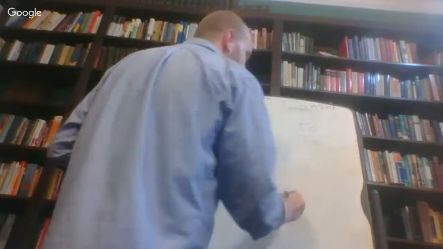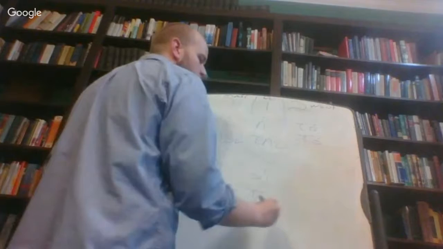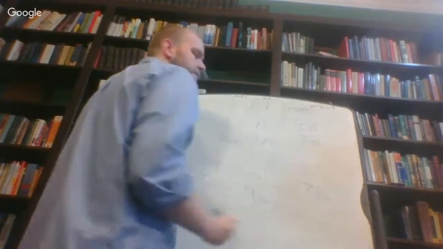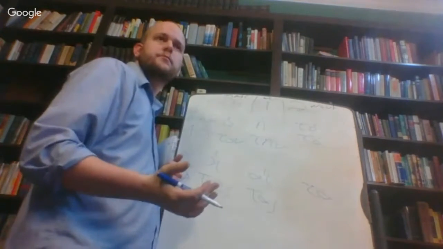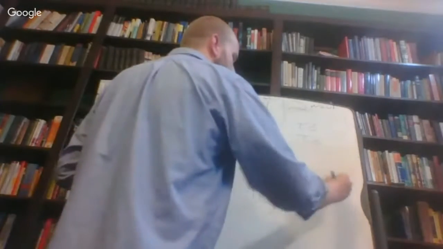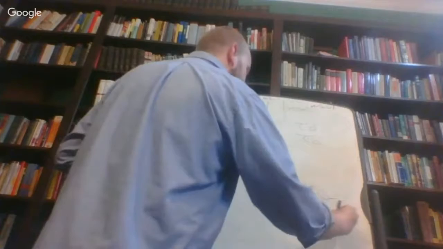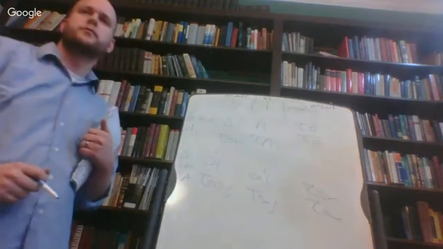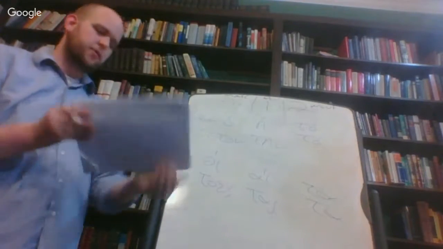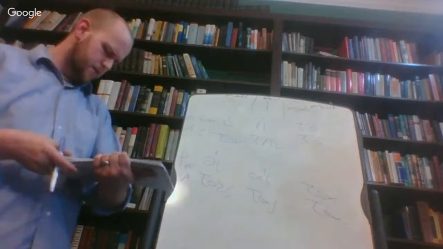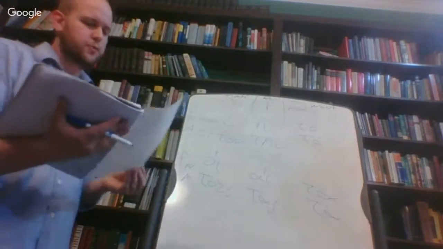And then over here, what do you think the article is going to be? I'll give you the first one. Ta. It's going to have an alpha. Yep, alpha versus omicron. So this one here is also going to be ta. We'll work on that later as we go through.